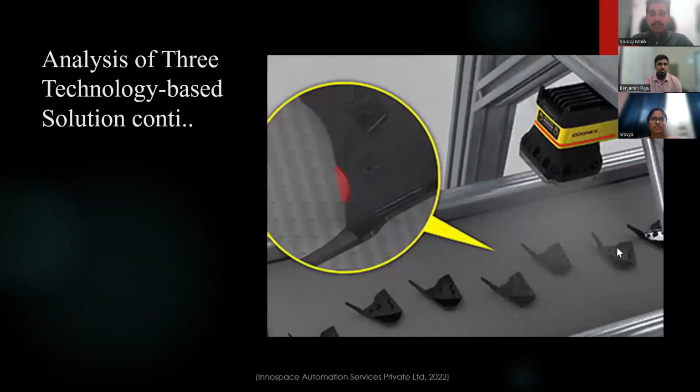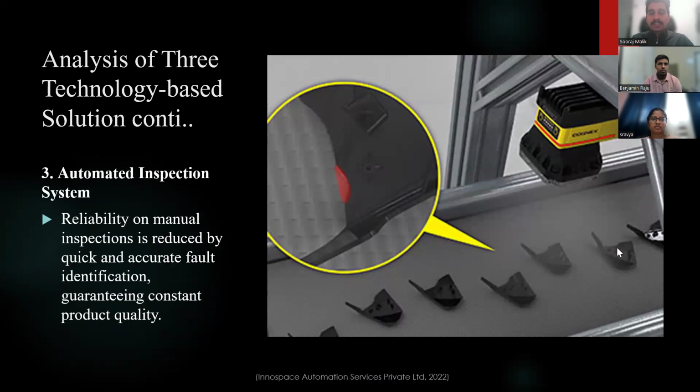Then the next one is the automated inspection system. As we can see, Viewtech is currently facing difficulty in identifying defective parts. The company completely relies on the manual inspection technique. Manual inspection has certain limitations, like it is very difficult to identify small surface defects and also dimensional inaccuracies.